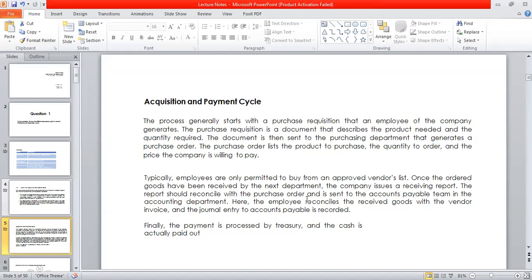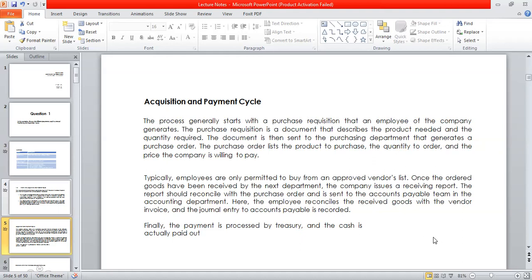In the absence of this vendor list, the buyer will be required to provide at least 3 different quotations from different vendors, and they will choose from those vendors.